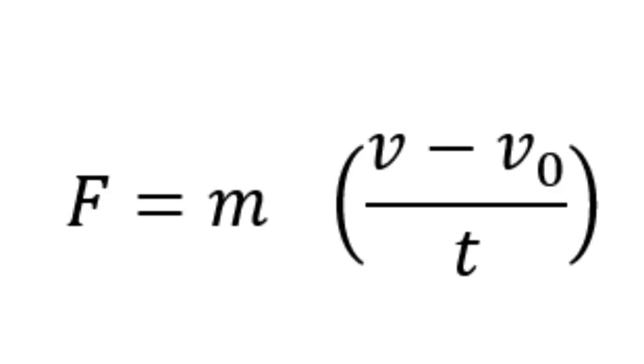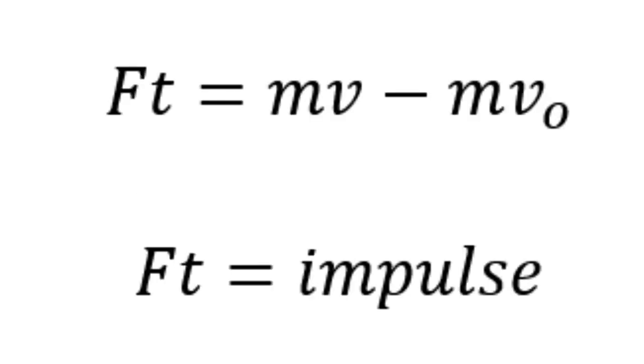The right-hand side of this equation can be recognized as the change of momentum from m v0 to m v, where v0 and v are the initial and final velocities, respectively, of the body on which a force F is acting. The product of the force F and the time t during which it acts is called impulse. Because it contains a force, is impulse a vector quantity? Yes, of course, it is. The unit of impulse is the newton second.